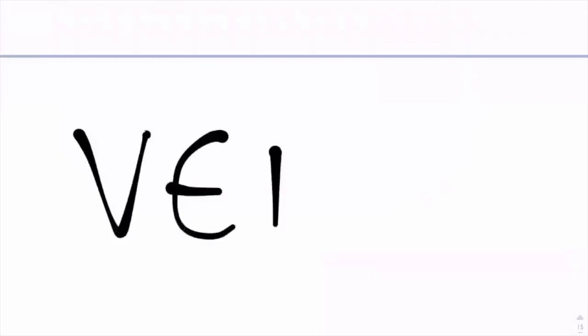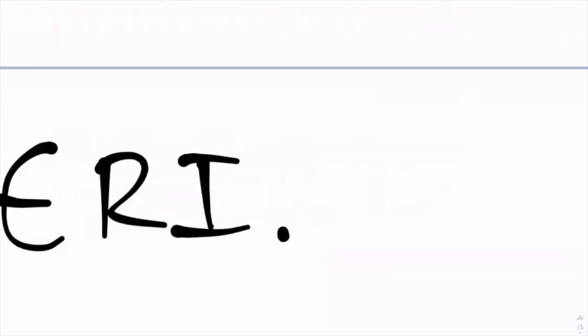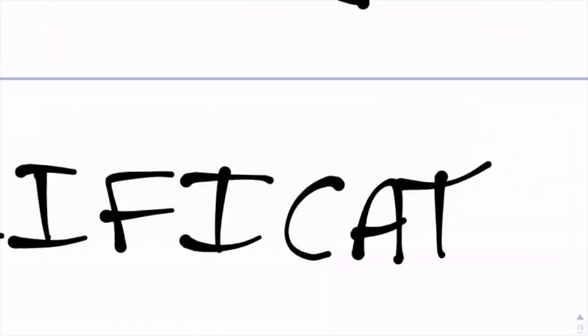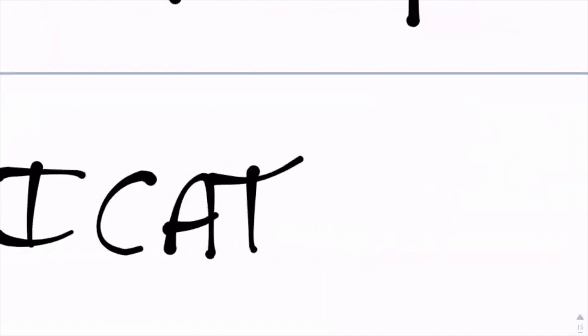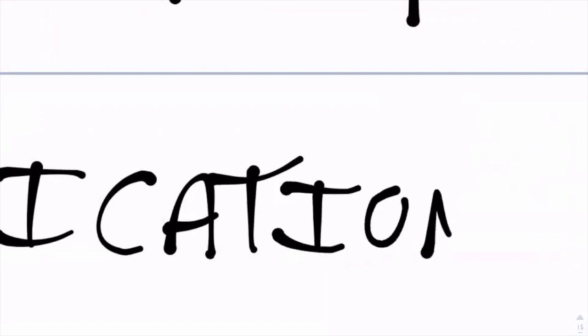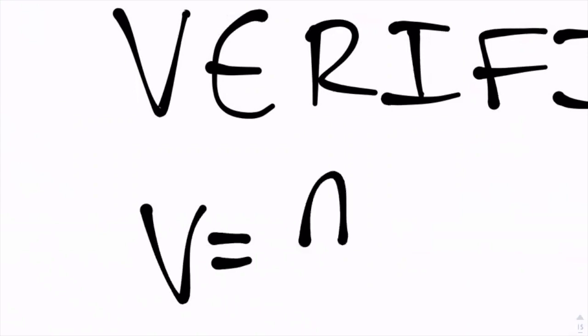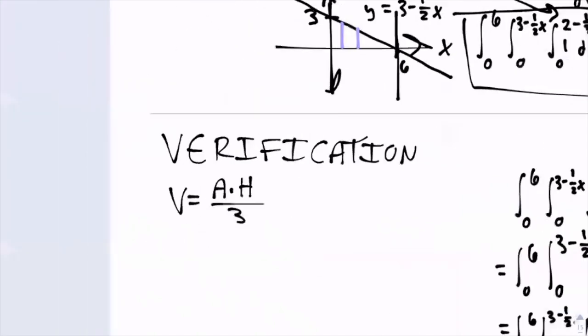Let me write verification. Verification, right? We know the volume of a triangular pyramid is equal to the area of the base times the height divided by 3.